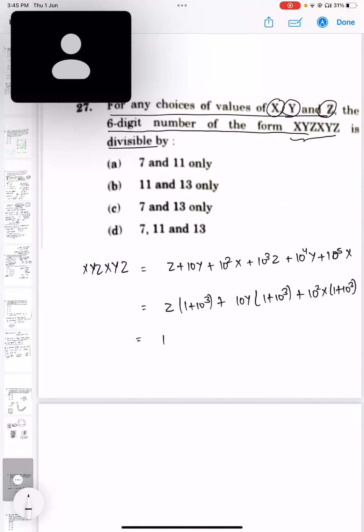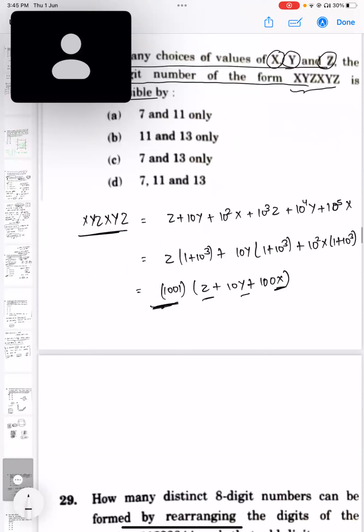So what do we have? 1 plus 10 cube is nothing but 1001, times z plus 10y plus 100x, right? So it is saying we can have any choice of x, y, and z, right? So if any number is dividing 1001, then it will divide xyzxyz. So we need to find the divisors of 1001.